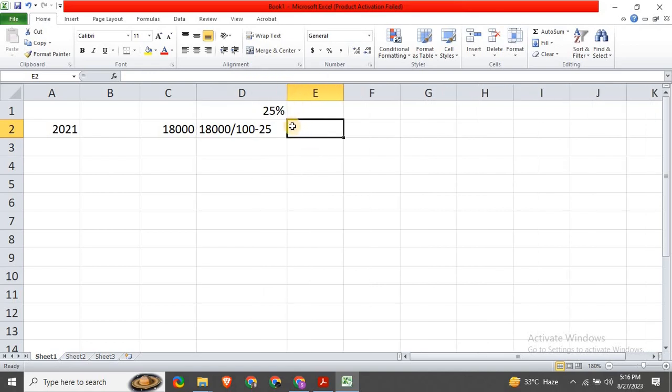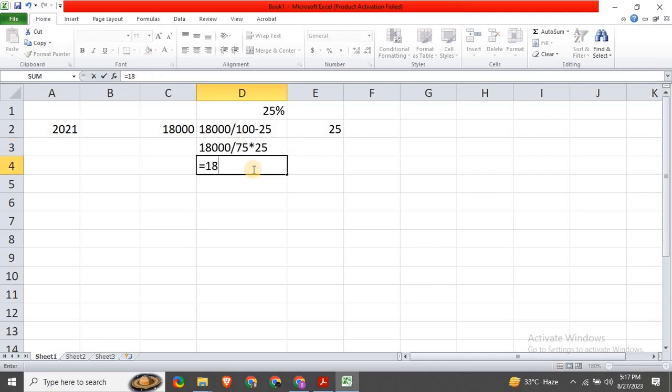Now if we do that, then the amount of depreciation in that particular year is 18,000 divided by 75 times 25, which is 6,000.